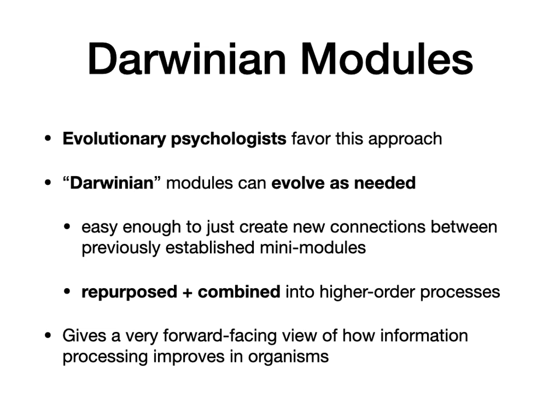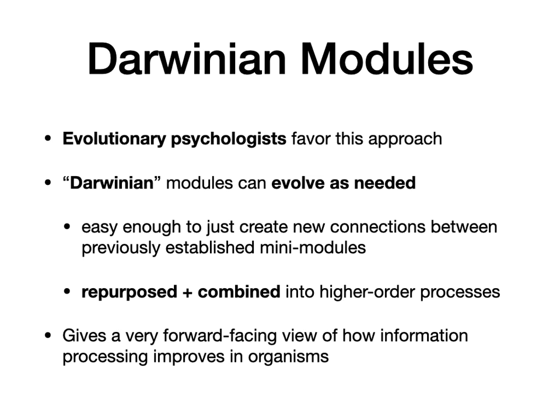Create a new connection between previously established mini modules and repurpose and recombine them into higher order processes like, say, insight or face detection. And it gives this very nice forward-facing view of how information processing can improve in organisms over evolution.